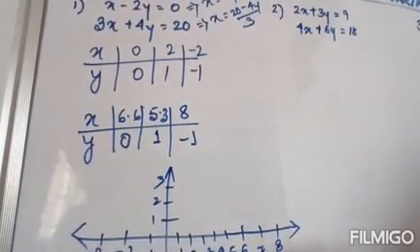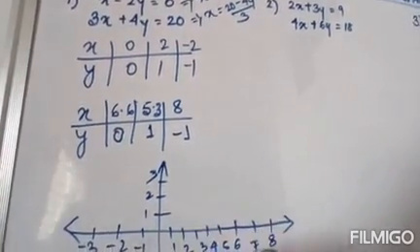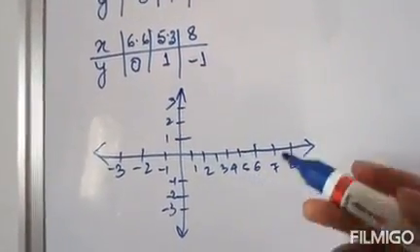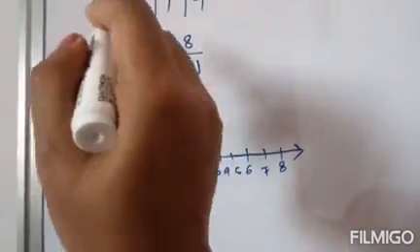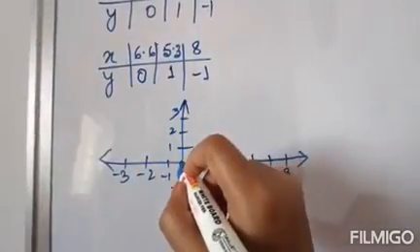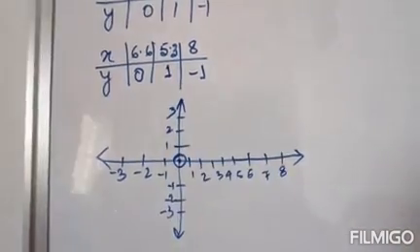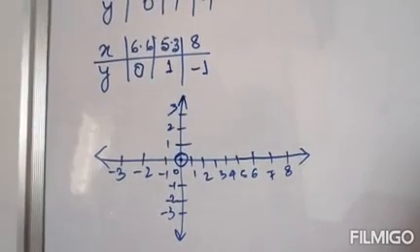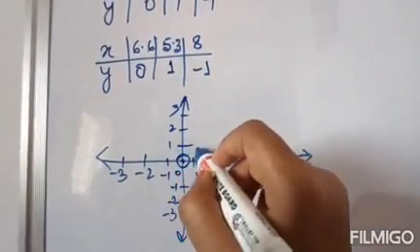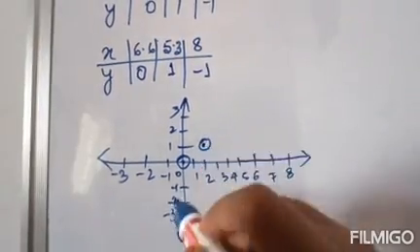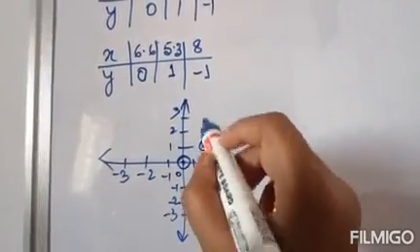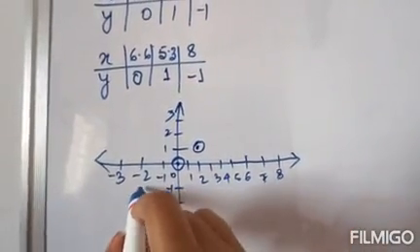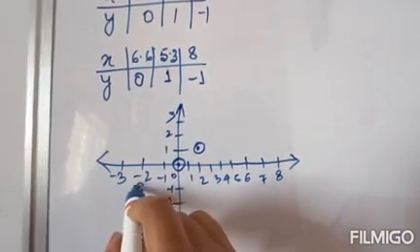My divisions are not proper, because you will be plotting on graph paper, so it will be more clear to you. Now for the first equation, 0, 0 means this point, where x is 0 and y is 0. Next is y is 1 and x is 2, which means this point, correct? Second is y is minus 1, x is minus 2, which means this point.